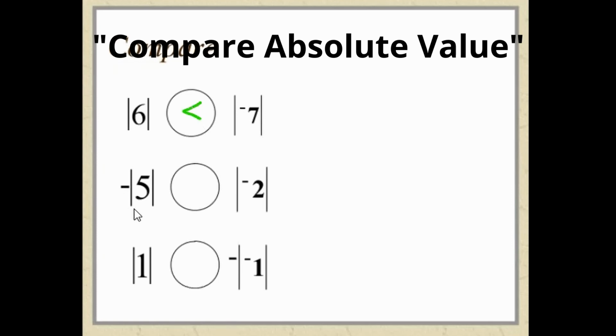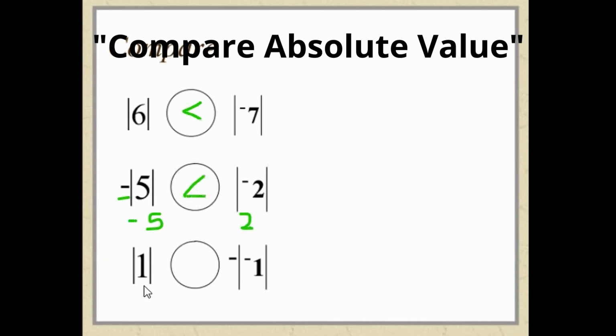The negative absolute value will give us a negative 5 because the negative sign is outside the absolute value. It goes after we evaluate what's on the inside of the absolute value. But the absolute value of 2 is positive 2. So here we have a negative 5 and a positive 2. So the positive 2 is greater on the number line.